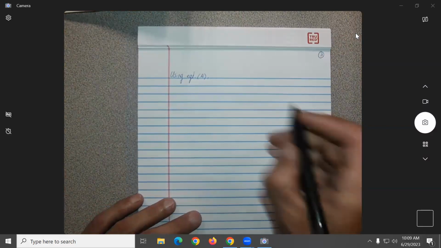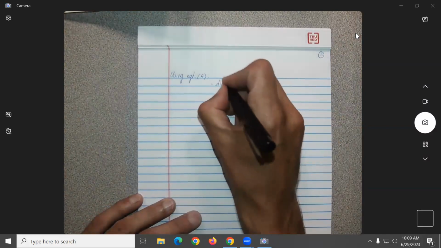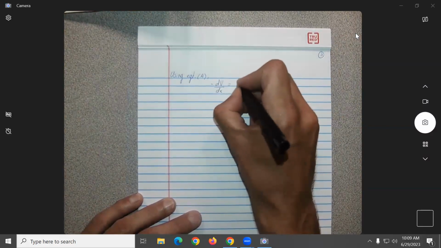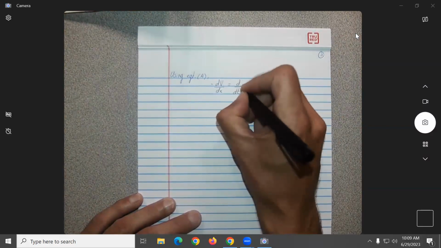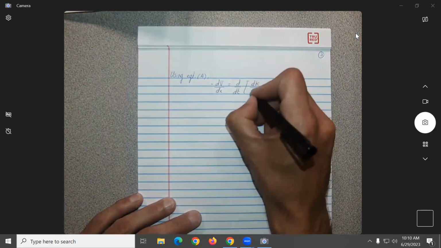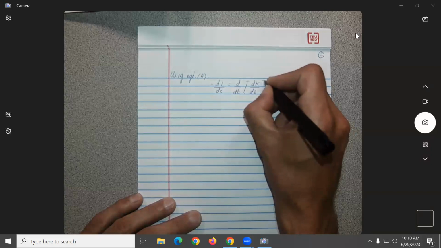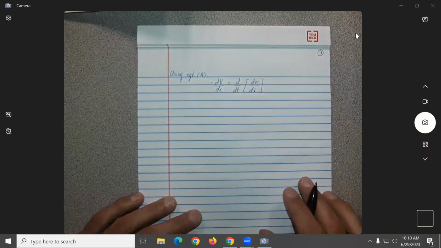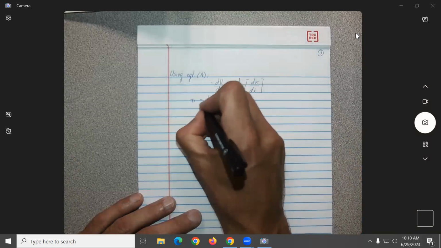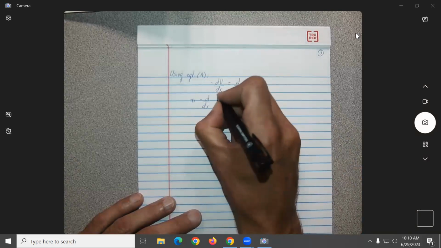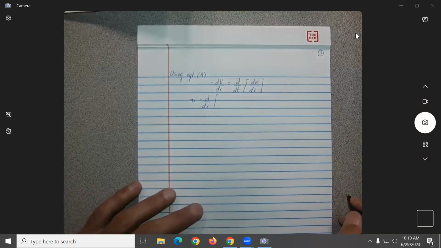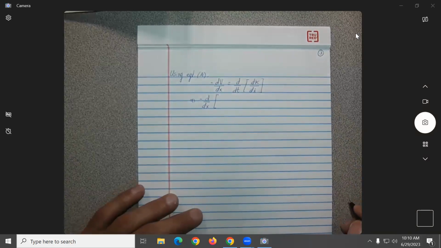Using equation A, let's just rewrite it, which is minus dV/dx will be equal to d/dt of dK/dx dot. So this will give you what? Minus d/dx. What was the expression we had for the potential energy?